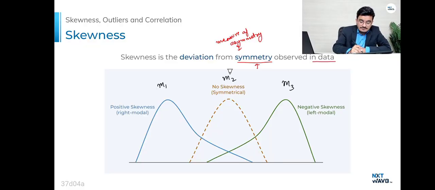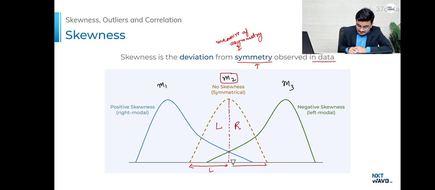Now if you look at the distribution of mountain 2, let's say I dropped a line from the top or the tip of this mountain like this. What can we see here? We can see that the left side of this mountain is identical to the right side of this mountain, right? Which means this area or this distribution on the left side is identical to that of the right side.